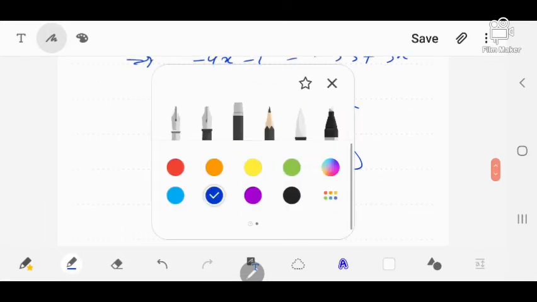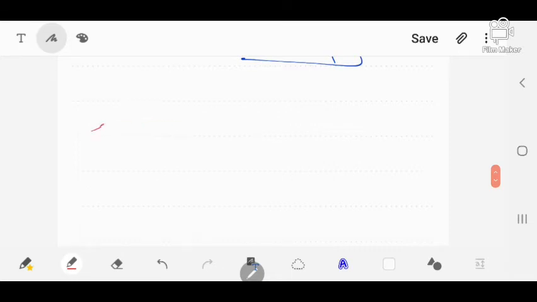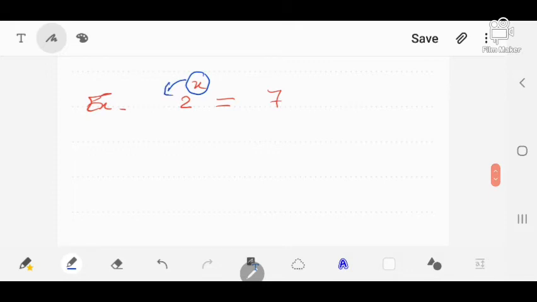Okay, what if it's not easy to make the bases the same, or it's impossible to make the bases the same? Let's say 2 to the power of x equals 7, for example. How would I do this? Well, that's not hard. How am I gonna take this down? Well, these are taken down by logarithms. So you can apply the log or the ln on both sides.